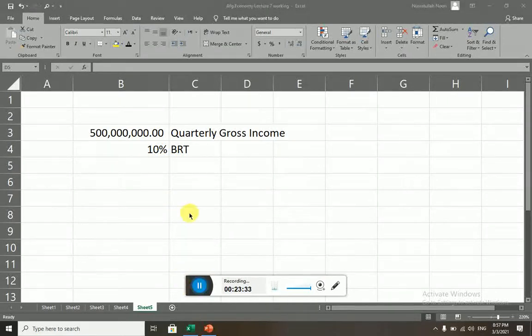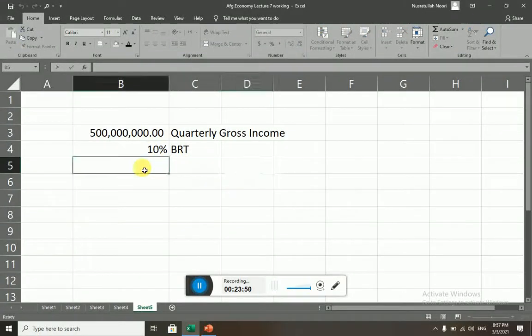So for example, this is the first quarter of 2021. In our first quarter, we had 500 million revenue. So by law, as we are a telecom sector company, we are required to pay 10% business receipt tax. So how to calculate 10% business receipt tax?